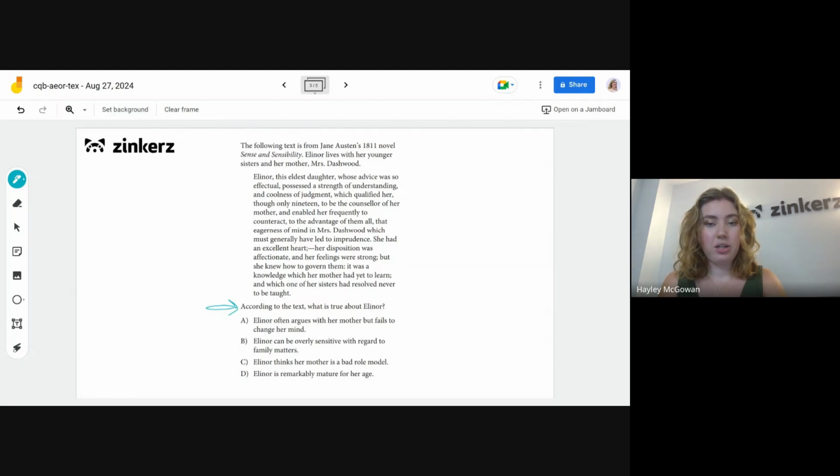She had an excellent heart. Her disposition was affectionate and her feelings were strong, but she knew how to govern them. It was a knowledge which her mother had yet to learn, and which one of her sisters had resolved never to be taught. All right, so in terms of what we learn about her here, right?